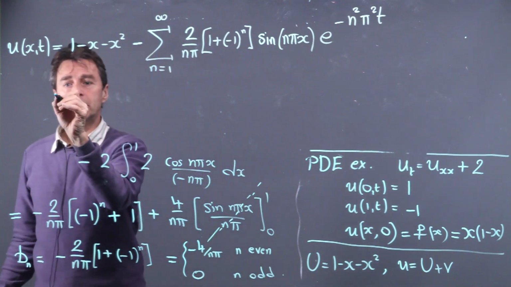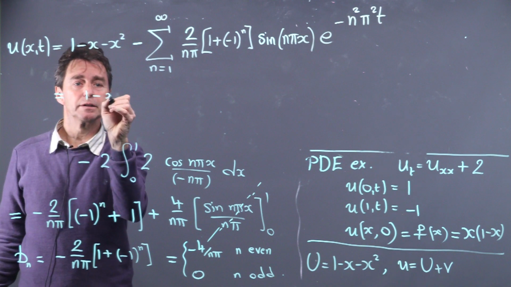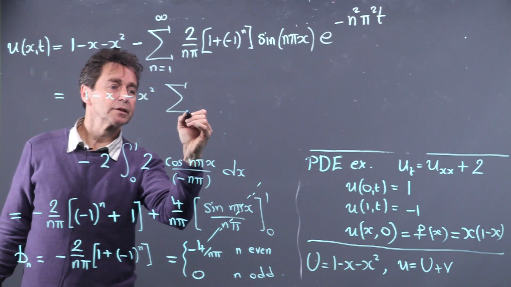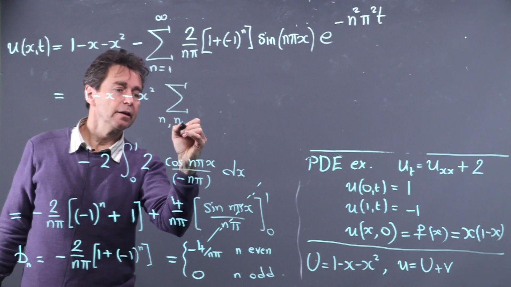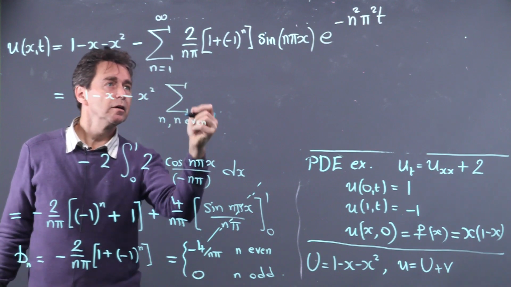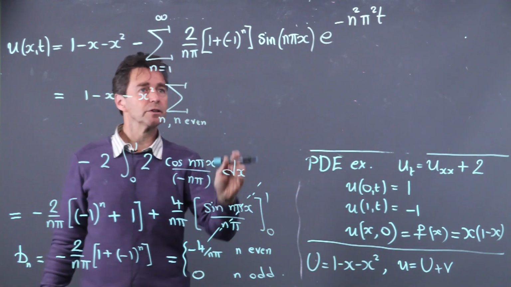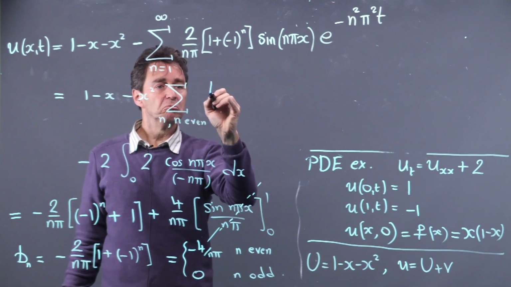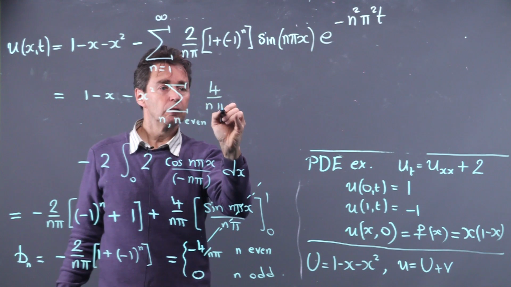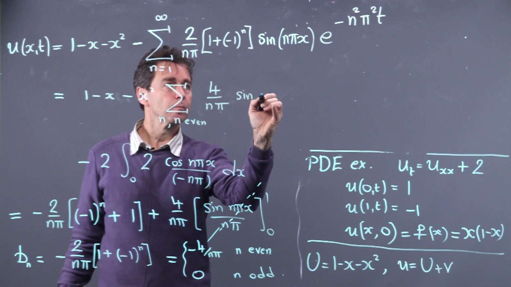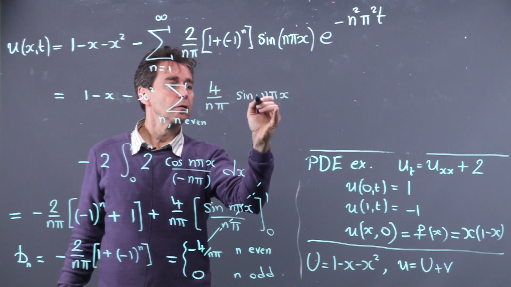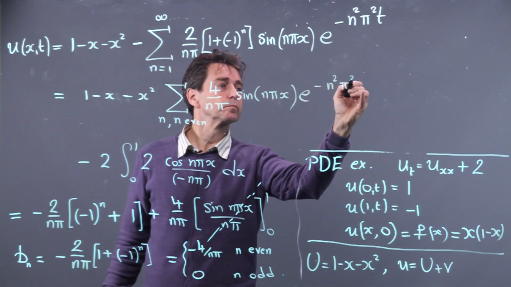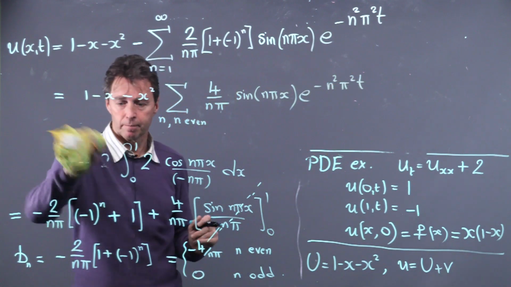So I could just as well write this as 1 minus x squared, and I'm going to sum over n even, just discarding the odd ones. When I discard the odd ones, this coefficient is just 2. So that's one way I could do it.